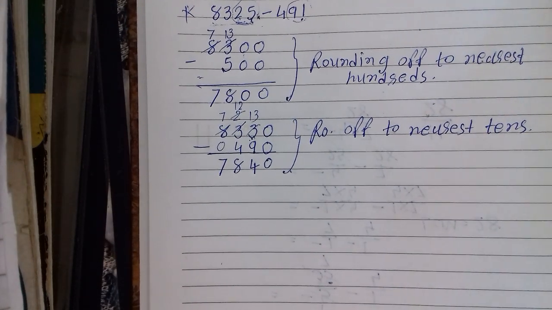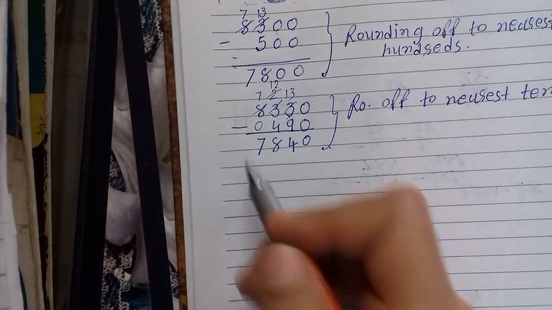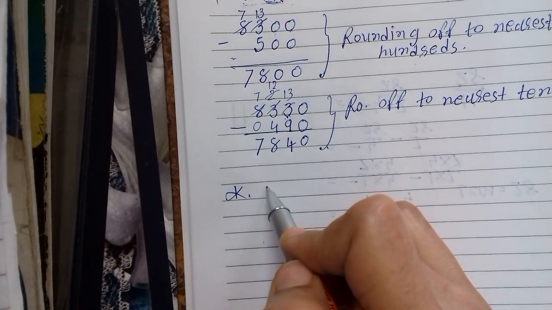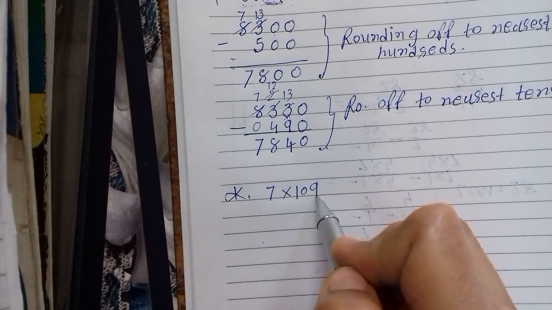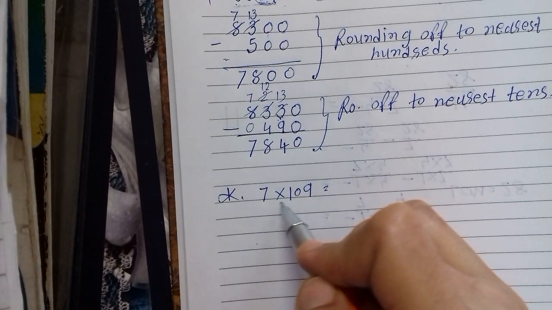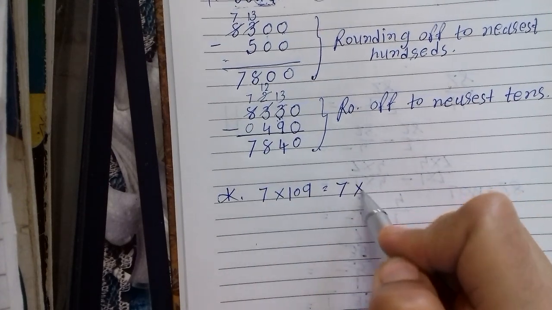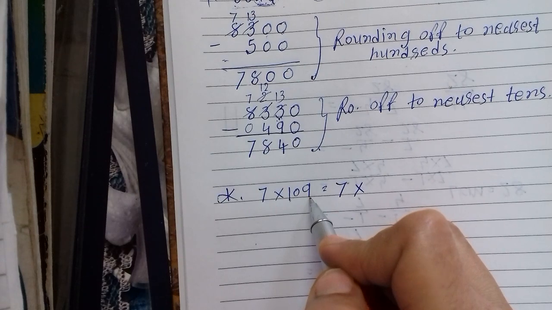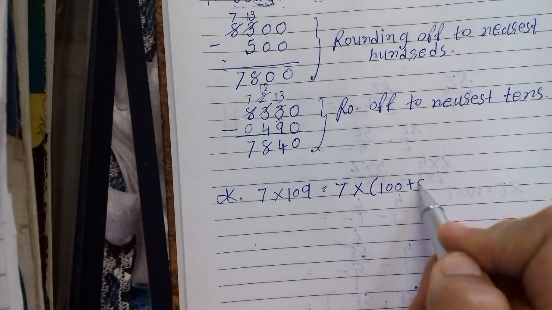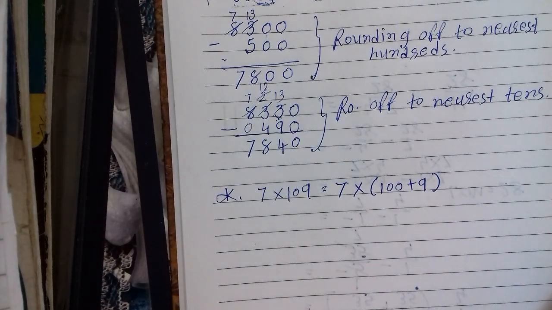Next, our next point is expanding brackets. Let us see one example and understand. Suppose 7 multiplied by 109. Now here we will put 7 as it is, and you know 109, you can write 109 as 100 plus 9.